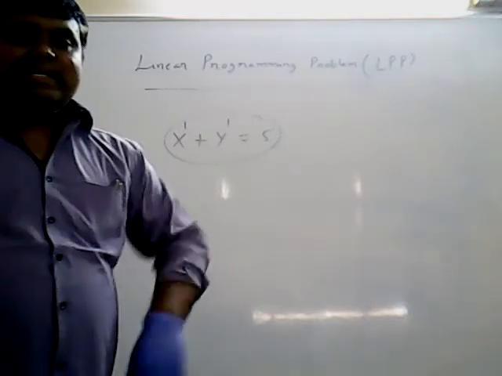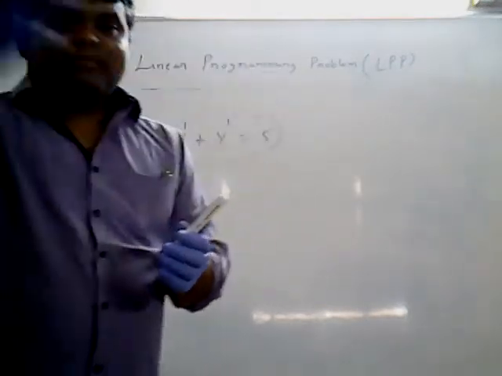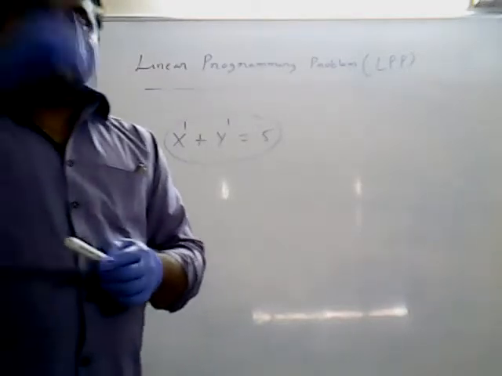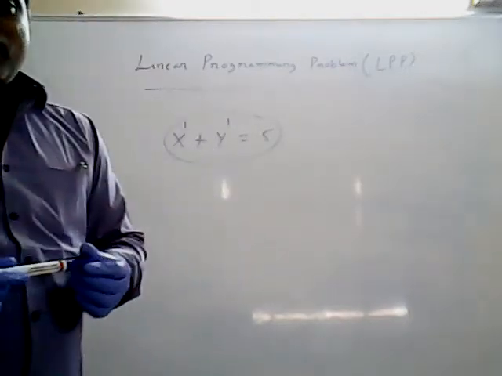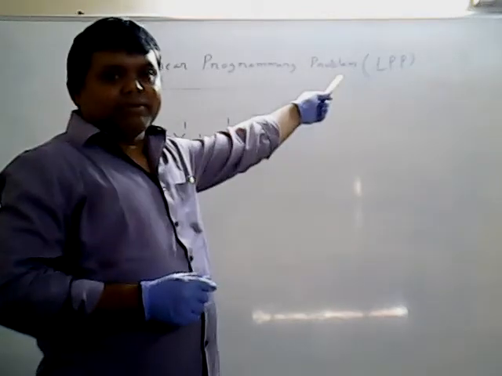That means you have to identify an optimum schedule with the available resources. You can use the available resources and find the optimum value for that problem. That is called LPP, linear programming problem.